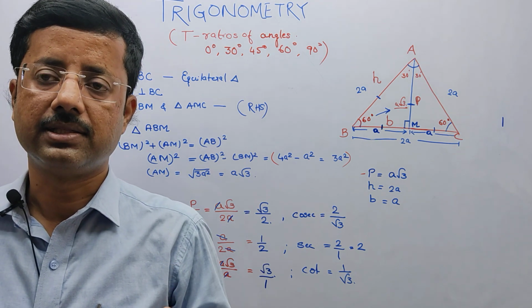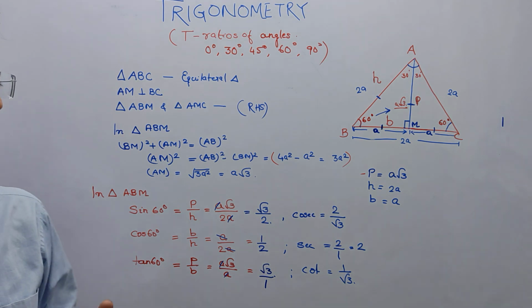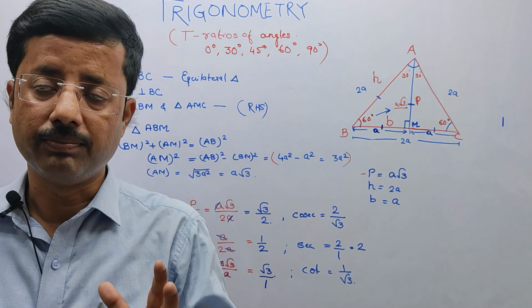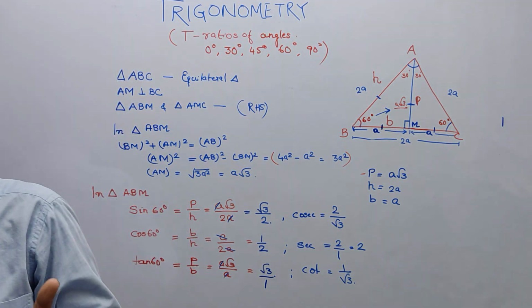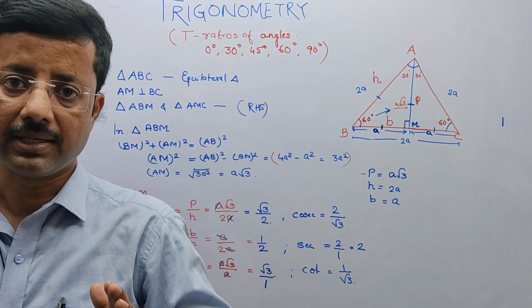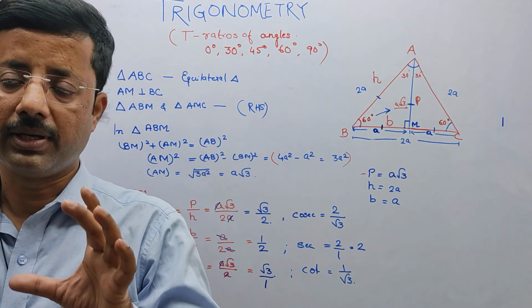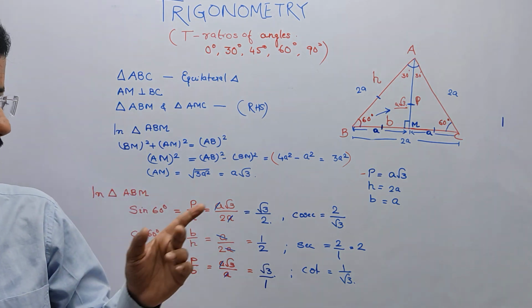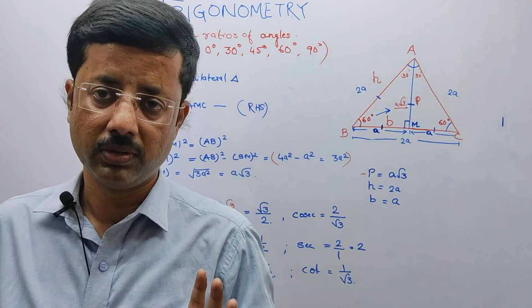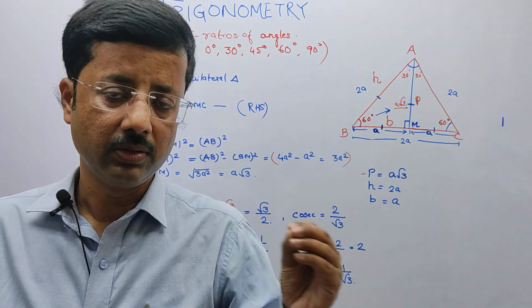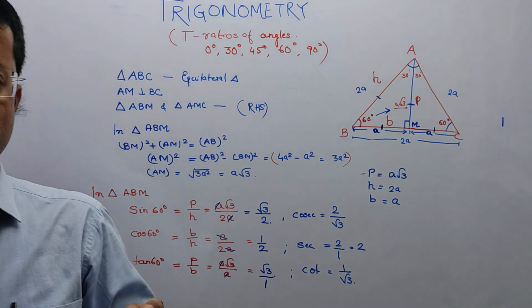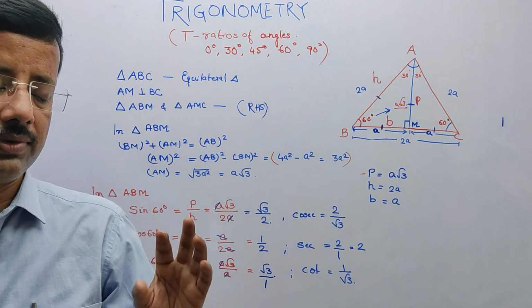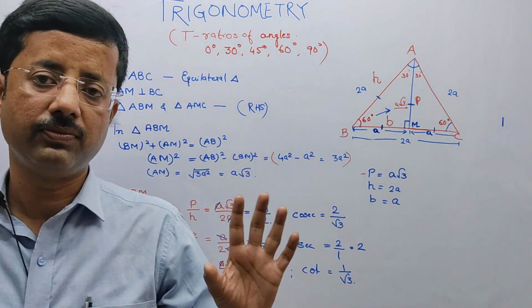When I say sine 60 degree is root 3 by 2, it practically means that when the angle is 60 degree in a right angle triangle and we divide perpendicular and hypotenuse, then the ratio will always be root 3 by 2. It is not going to change. Cos will always be 1 by 2. Tan will always be root 3. Now this value is constant.